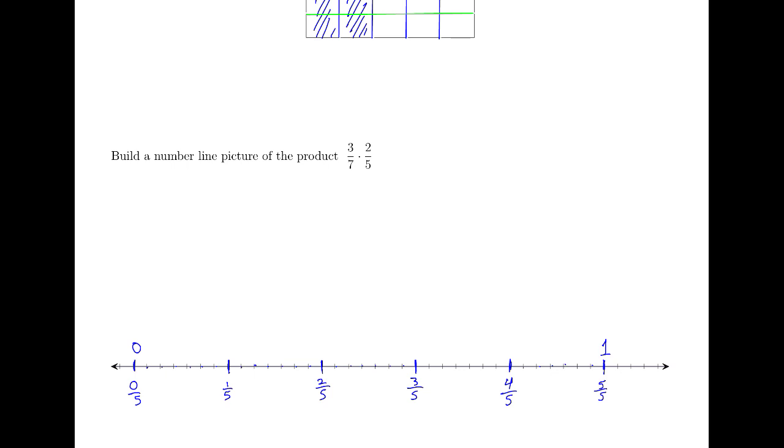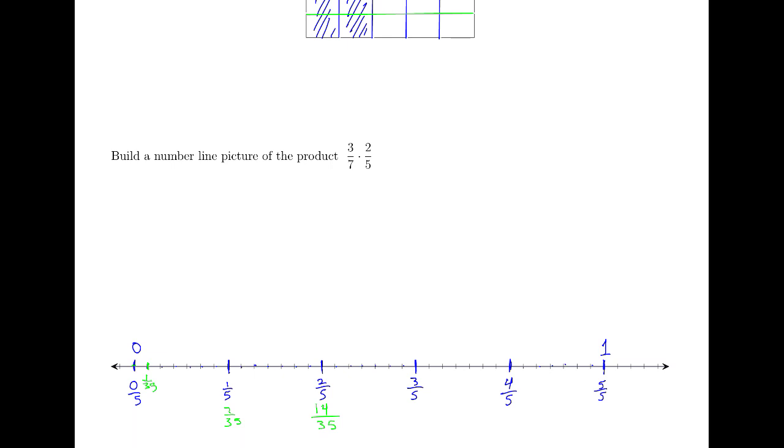Okay. And now if I look at 3/7 of 2/5, I want to divide these 2/5 into 7ths. Well, this is the same as 7/35. I know each of these pieces is 1/35. And so that makes the 2/5 14/35. Right?